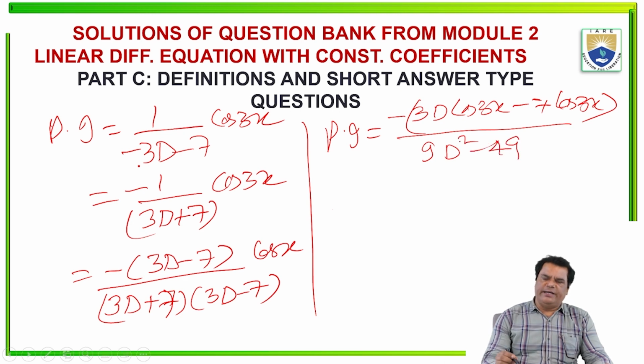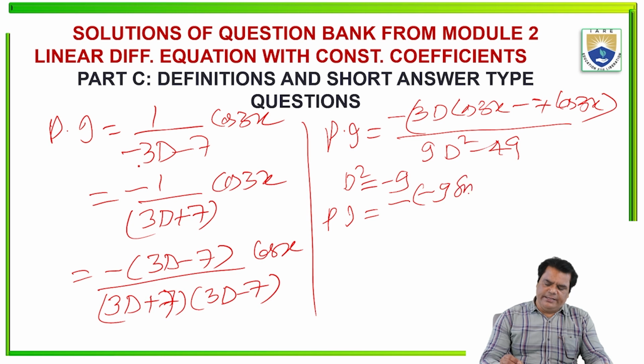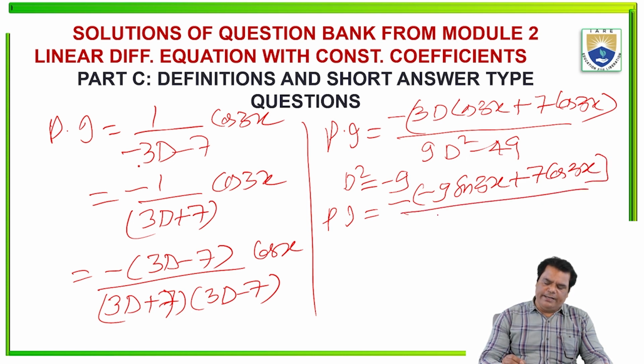Putting D square equal to minus 9. So we write PI is equal to minus 3 times the differentiation of cos 3x, which is minus 3 sin 3x. So minus 9 sin 3x, and plus 7 cos 3x, and upon minus 9 minus 49.